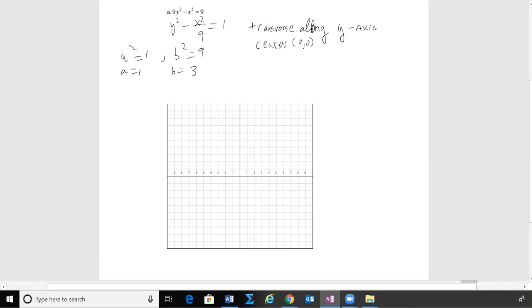So let's start drawing it. We've got the center right here, and a is the distance to the vertex from that center. So we come up, there's one vertex, come down, there's another one. Now, the asymptotes, this is where the b comes in. I gave you another piece of information on the last page.